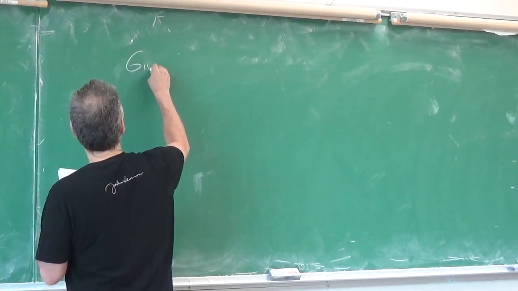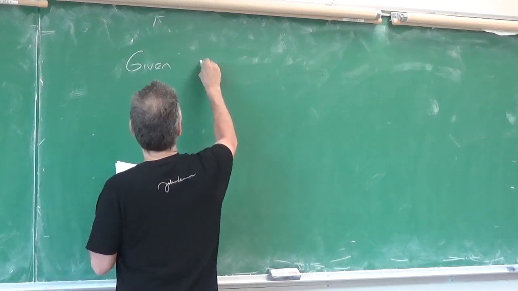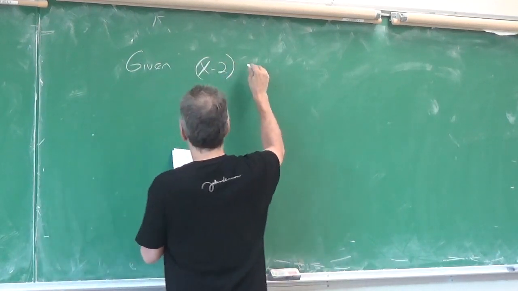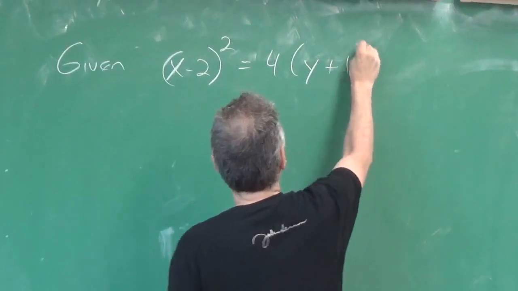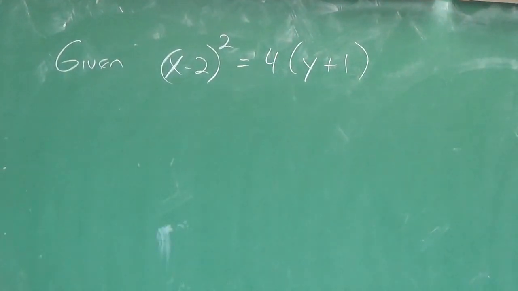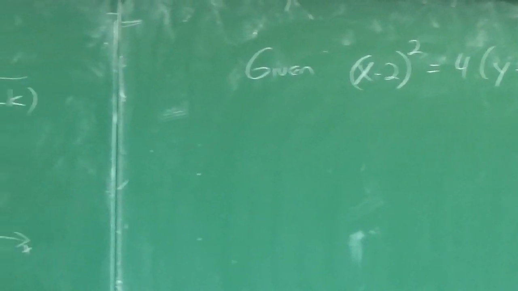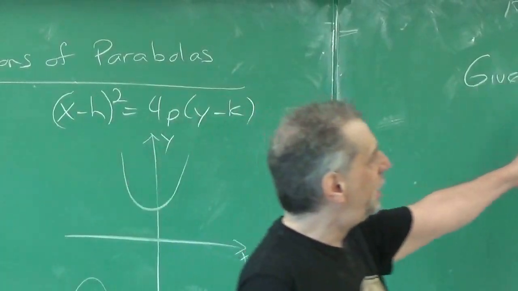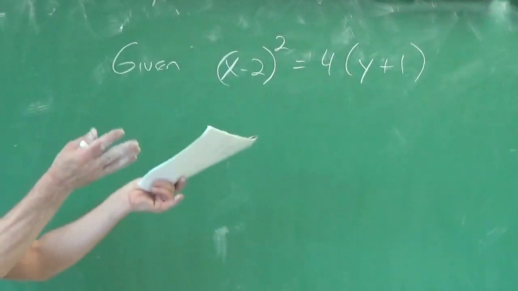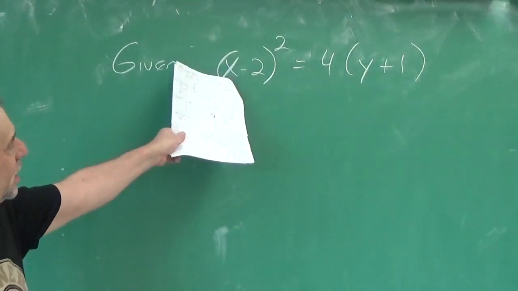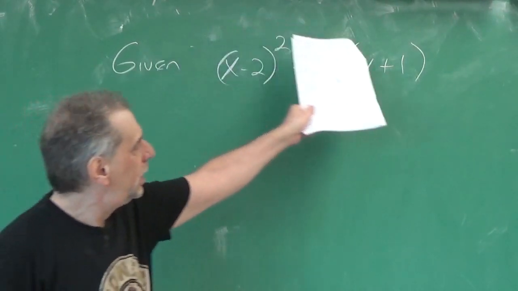So here we go. Given this equation of a parabola, notice the squared term is the x. So we're looking at this case where it's either opening up or down. The value of the number in front of the y term tells you that this one is going to open upward. Its vertex is going to be at positive 2, negative 1.